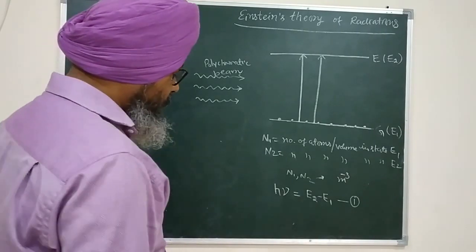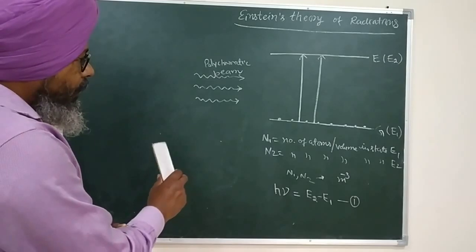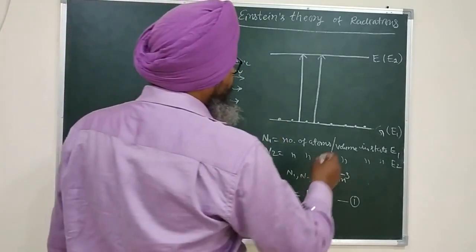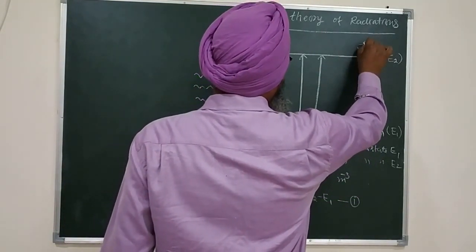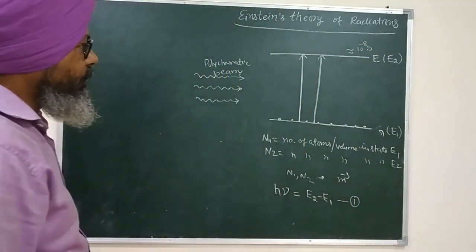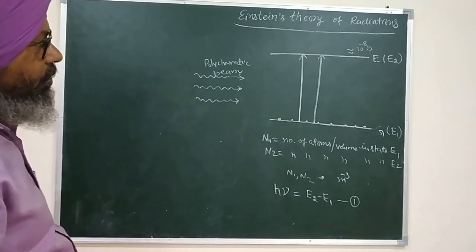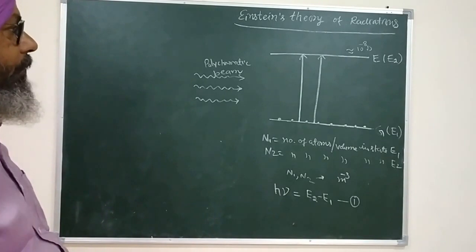Okay, now let us move ahead. The state E, which is an excited state, is short-lived. Its lifetime is of the order of 10 raised to power minus 8 seconds. So the electrons which go to the excited level E can stay there only for, on average, this much time.